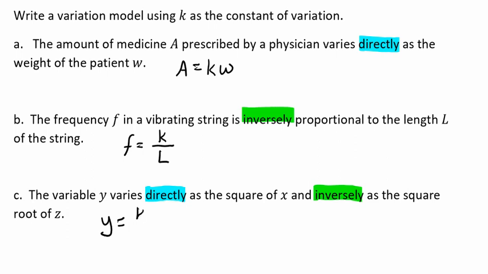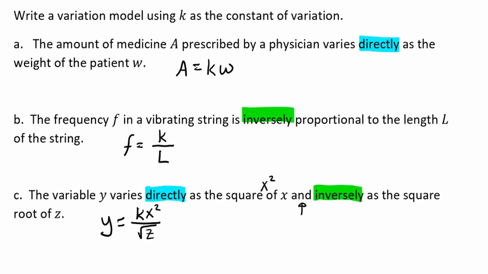So there's our k, and the square of x would be x squared, so k times x squared. There's our multiplication, and then it says and inversely, so dividing by the square root of z.